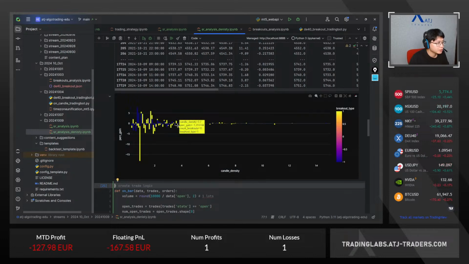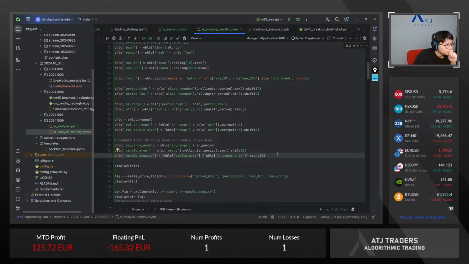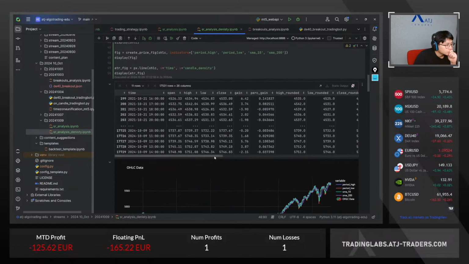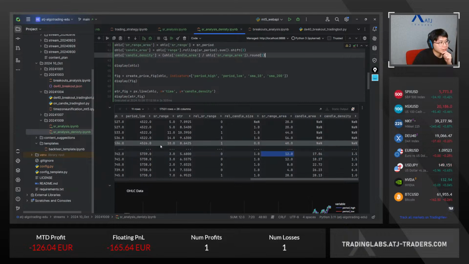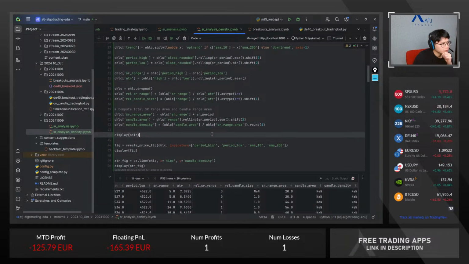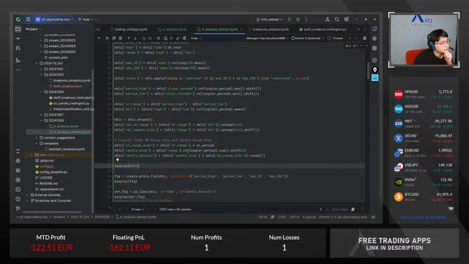And I still get the candle area greater than the candle density. Oh, that's right. Here the SR range area is lower than the candle area, and that shouldn't be, because the range is always, no, it's not always.